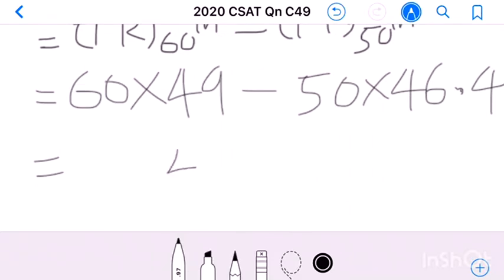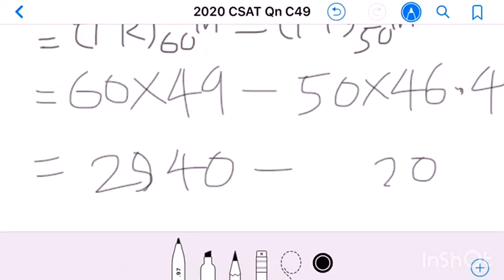6 into 9, 54. 4 into 6, 24, plus 5, 29, so 2940 minus 2320. 50 into 46.4 is equal to 2320.